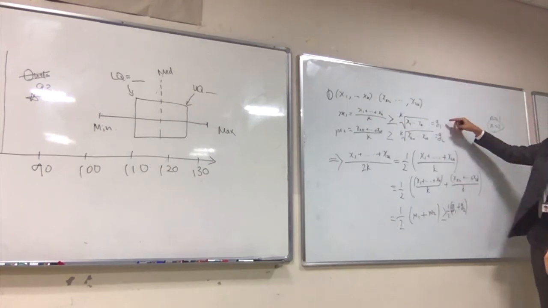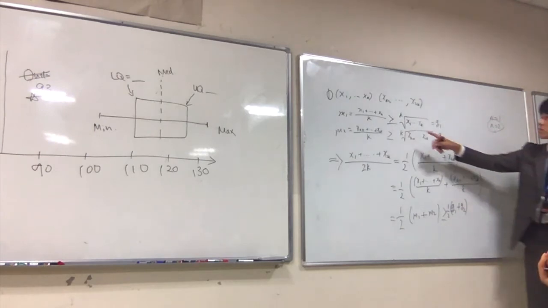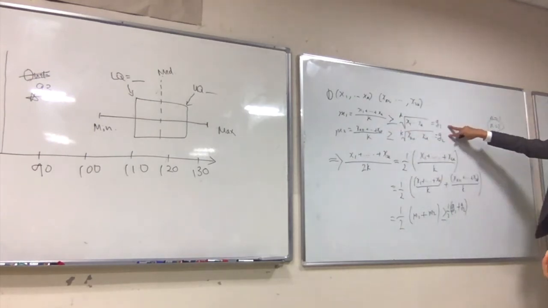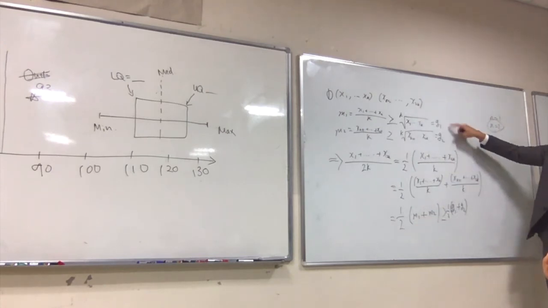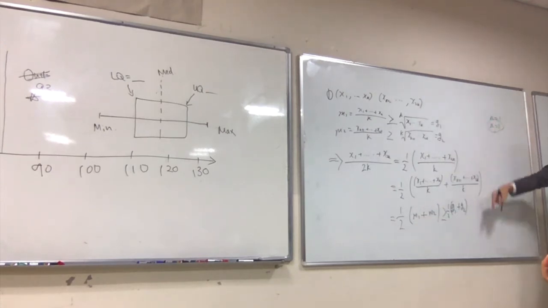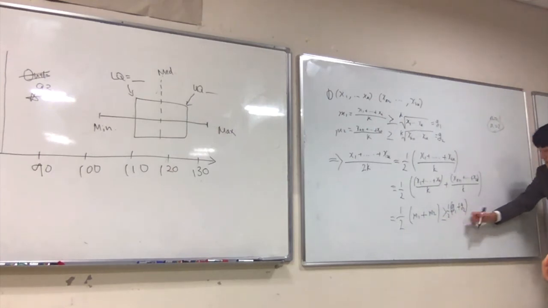So by applying this one, we can change this expression to this because both are greater than these two. So adding them together will still be greater than adding these two together. So we know that this one is always greater than this.